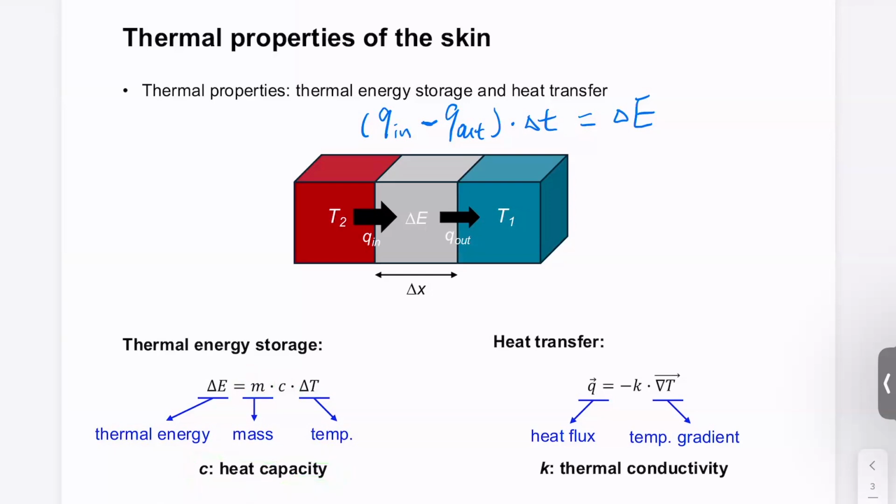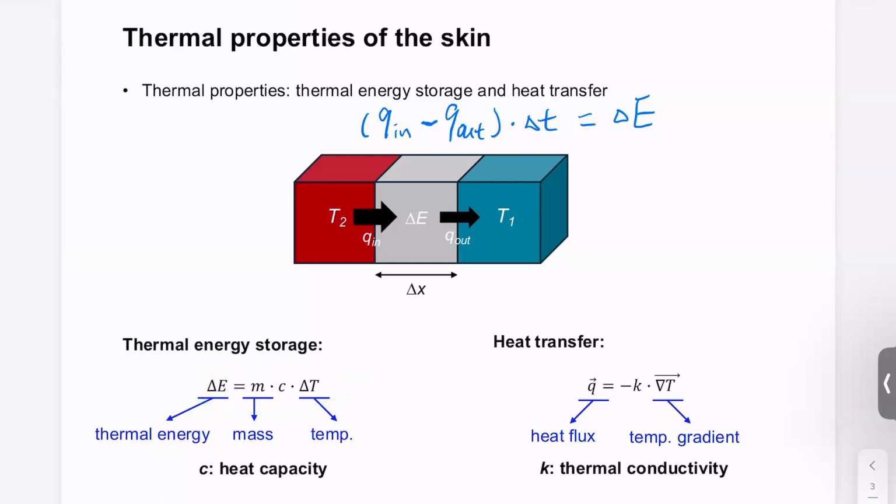Water has a high heat capacity, so it holds a lot of thermal energy, and air has a low heat capacity, so it doesn't hold that much thermal energy. So that's the first equation.